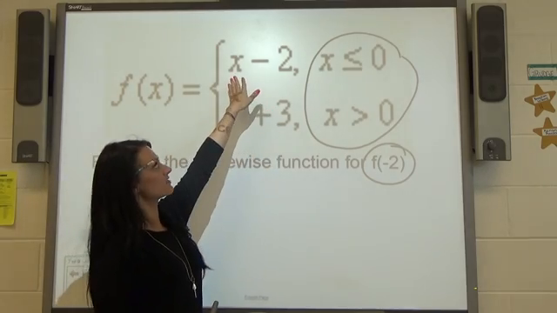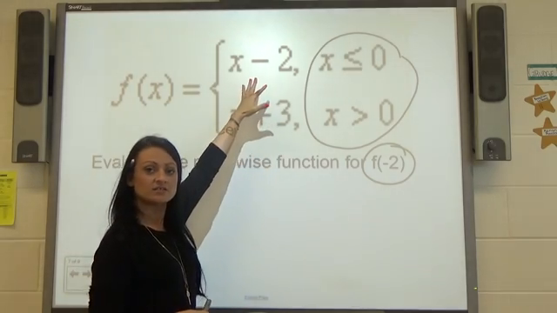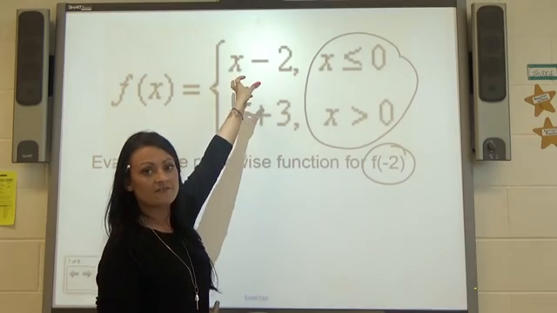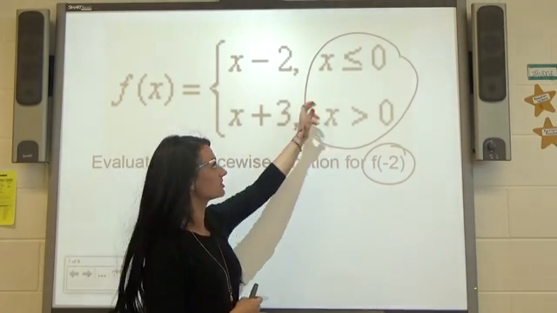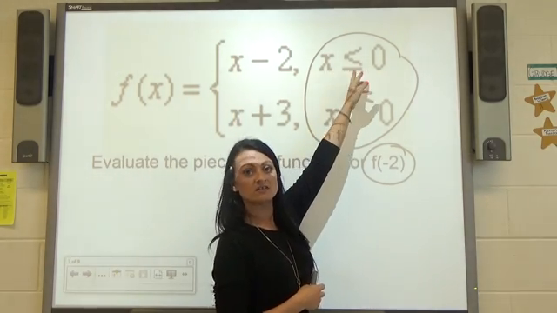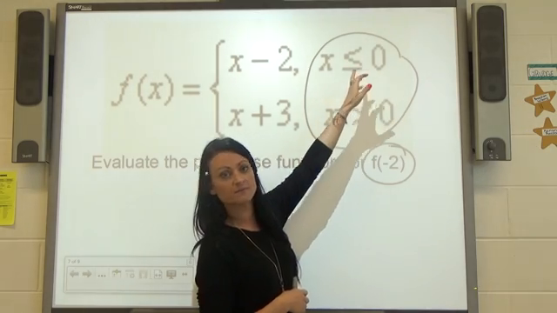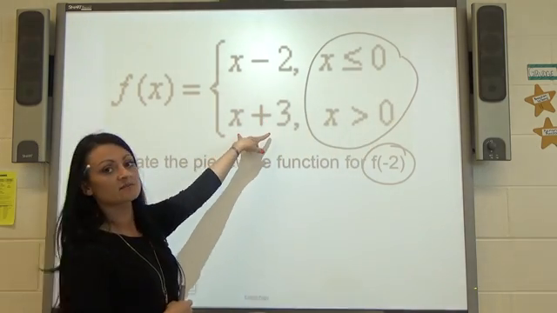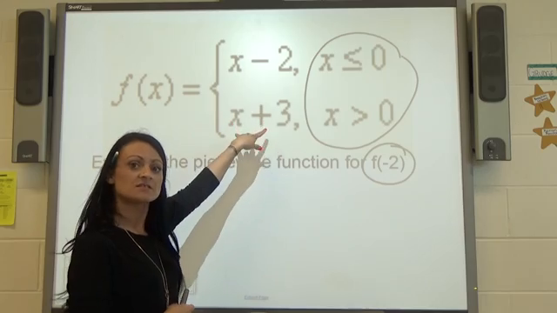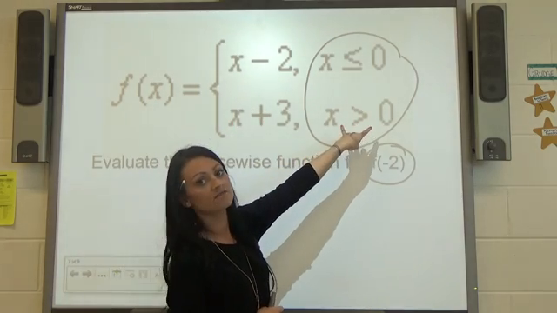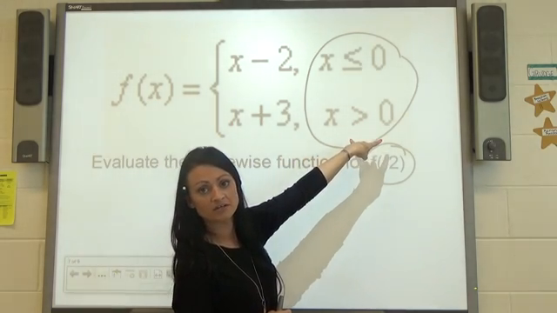So in this case, for the function x minus 2, the piece of my graph that will behave like that linear function are all of the x values that are less than or equal to 0. And for the function x plus 3, that specific piece will be all of the values of x that are greater than 0.